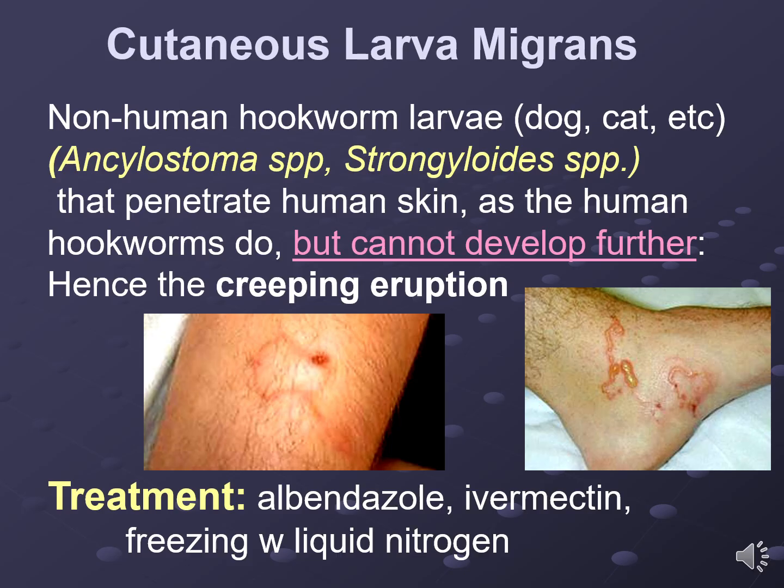So what happens is that it keeps on migrating under the skin, producing inflammation along its tracts, like you see in this picture. Now you can easily understand it, and hence the name cutaneous larva migrans. Treatment is albendazole, ivermectin, or treating them locally, like freezing with liquid nitrogen.